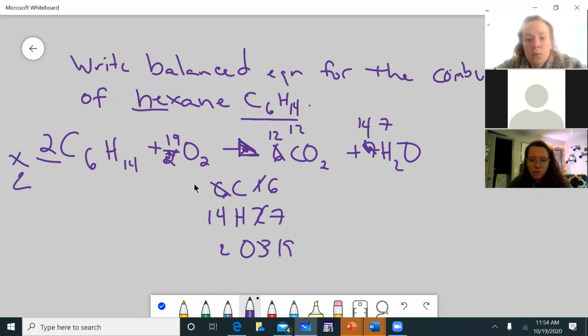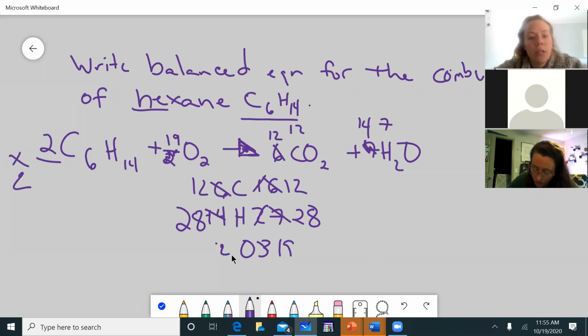Let's count up. So that's 12 carbons there. That's 12 carbons there. That is 28 hydrogens, and 14 times 2 is also 28. Oxygens, 19 times 2 is 38. I am not good with basic math.